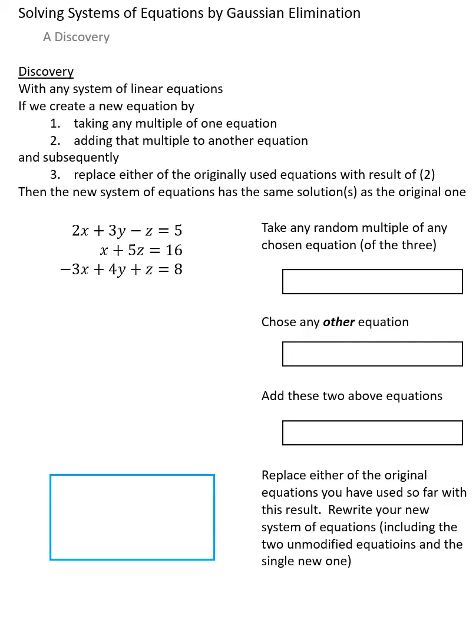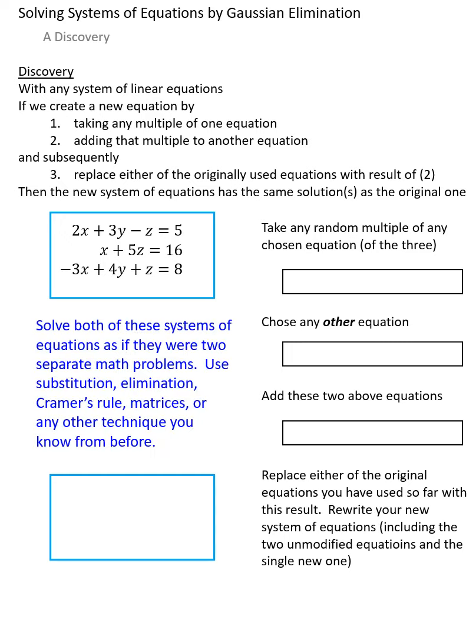Okay, now I would like you to solve both systems of equations here, the original system and the new one that you've created, two-thirds of which is the same as the original, as if they were separate math problems. To do this, you can use any technique you've used in the past.